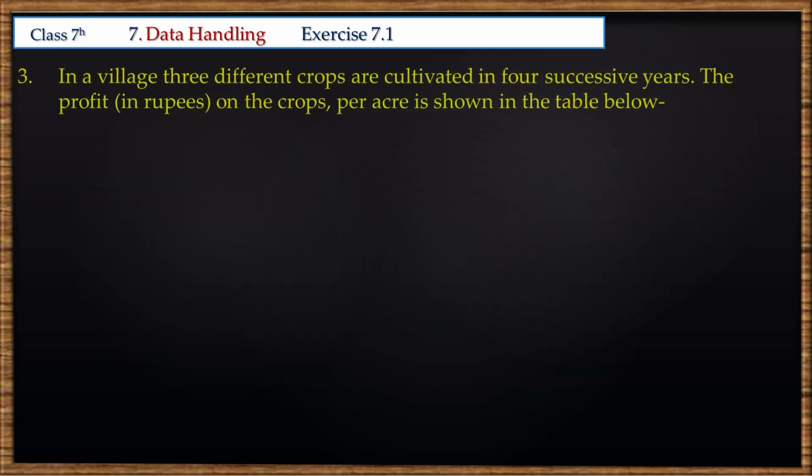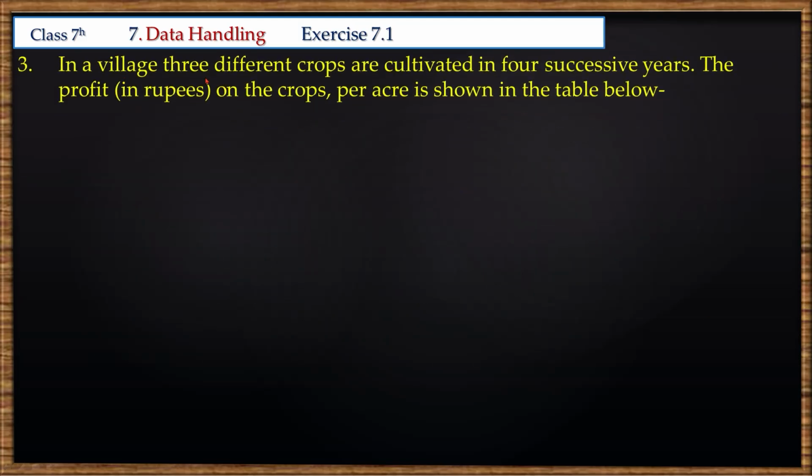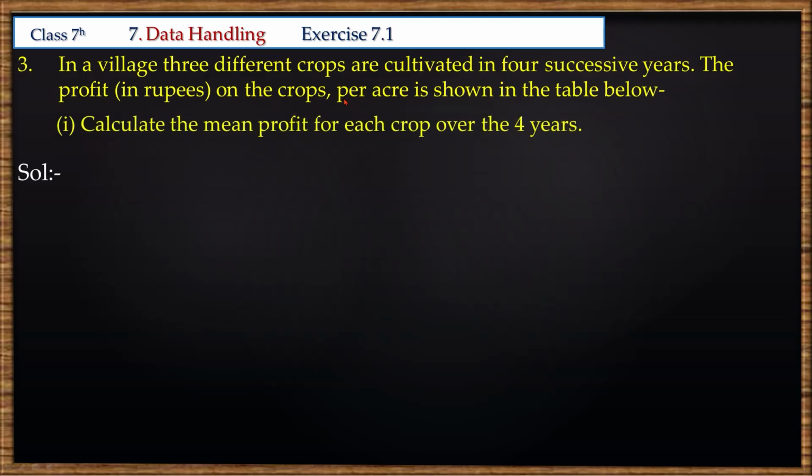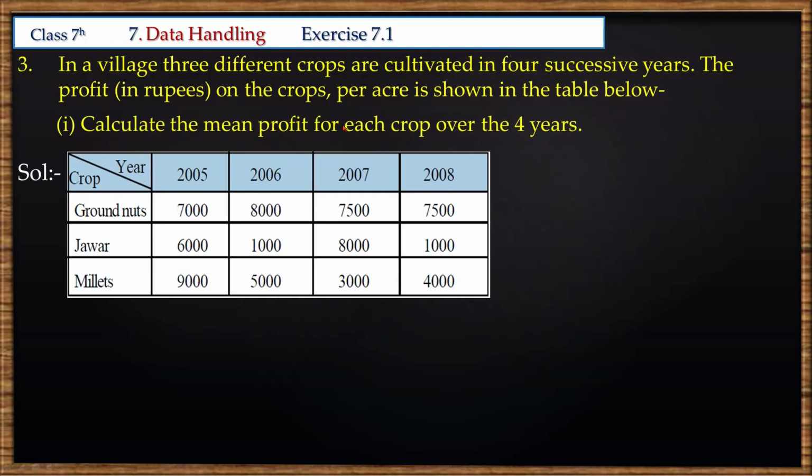Next problem. In a village, 3 different crops are cultivated in 4 successive years. The profit in rupees on the crops per acre is shown in the table below. Calculate the mean profit for each crop over the 4 years. This is the table given for 2005, 2006, 2007 and 2008.